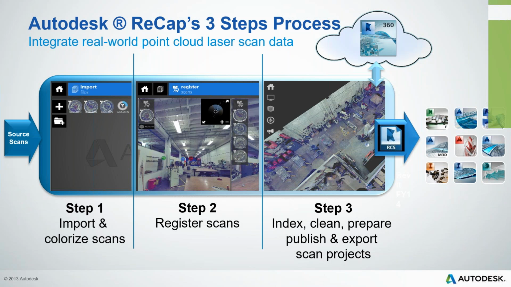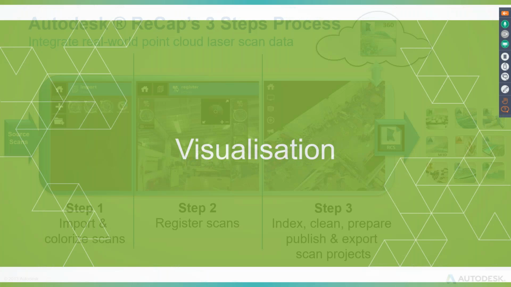ReCap, which is short for reality capture, lets you work on those different sets of point cloud data, edit it, make it proper, and bring it into any of the other design platforms like Inventor or AutoCAD, and use it as a platform or a base to either start the design from scratch or do your retrofit design.